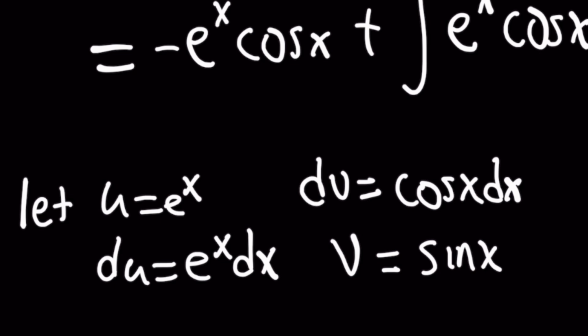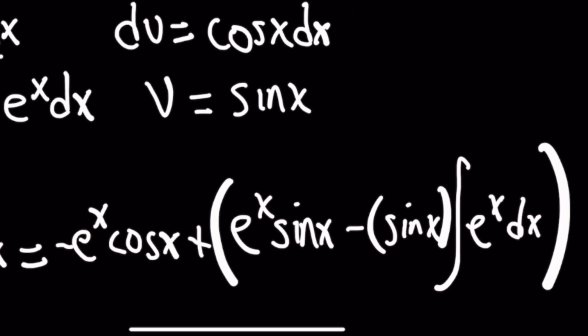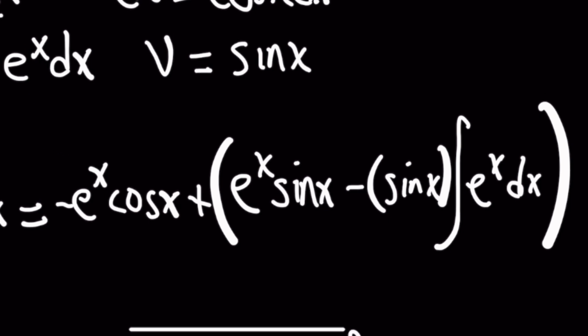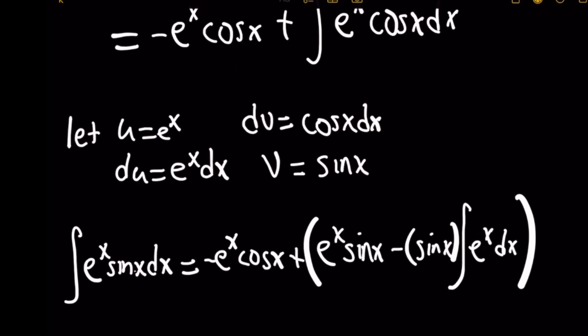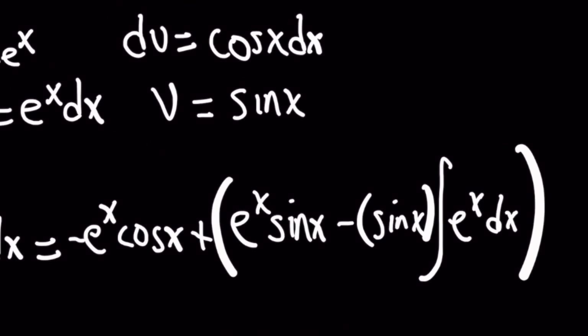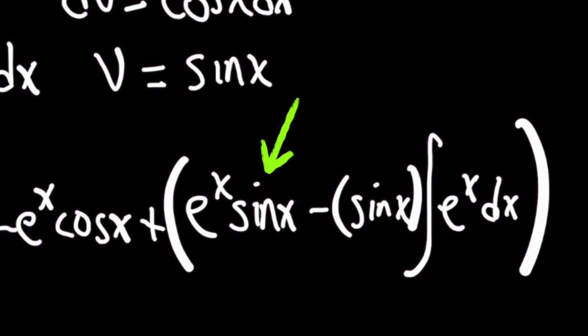When we bring down this negative e to the x cosine of x term, because there's nothing to integrate there, that term is done. We're going to add it to this integral where we plug in our u, v, and du terms. So we're going to have e to the x sine of x minus, in parentheses, v, which is sine of x, times the integral of e to the x dx, which is du.